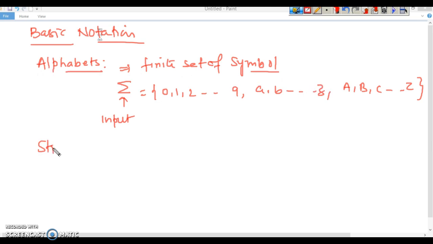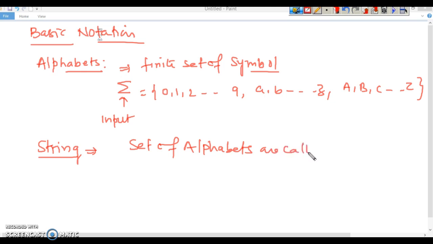Another is called a string. What is a string? A string is over the alphabet; a set of alphabets is called a string. For example, consider 3 A's. If this machine is accepting 3 A's, then 3A is your string.